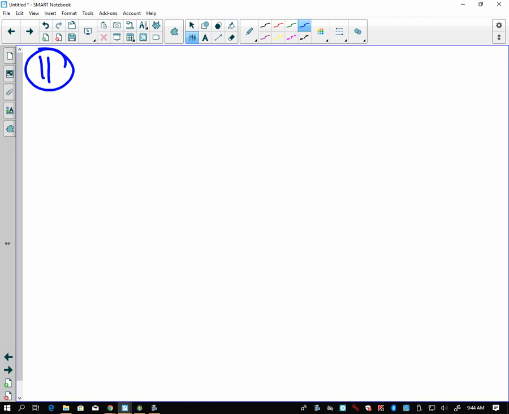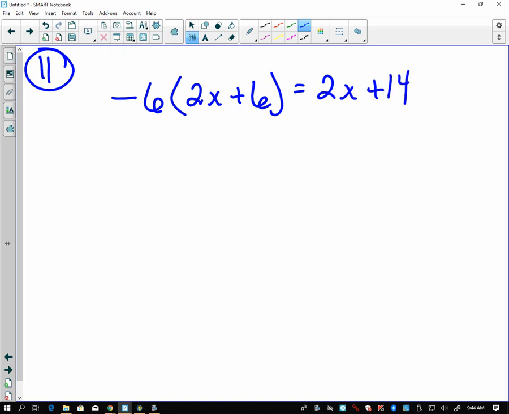Let's see. This is somewhat similar to what you've seen so far. If we had, okay, and then we wanted to solve for x here. What do we start off doing? Distribute what?